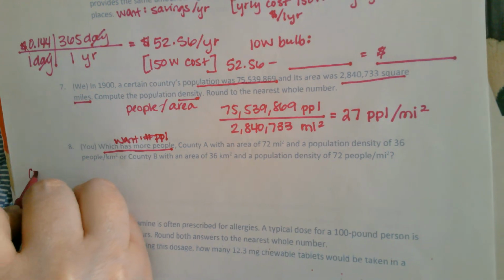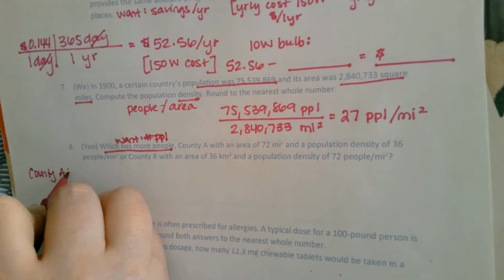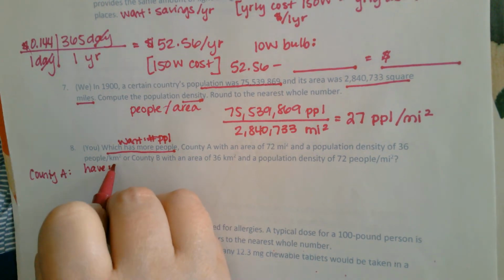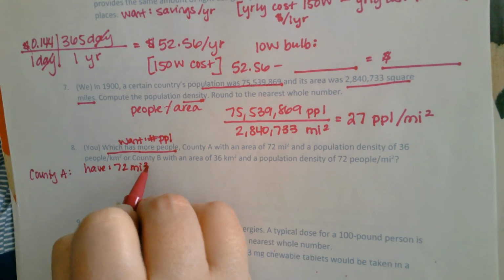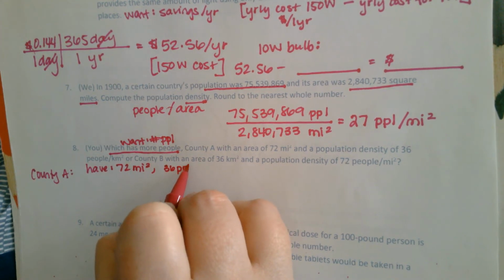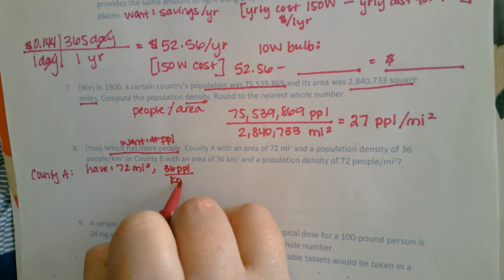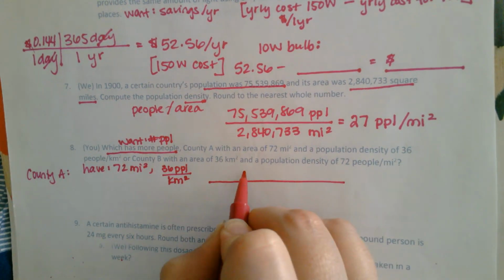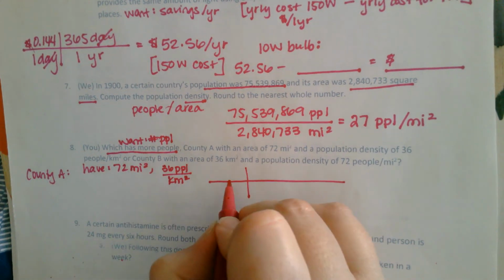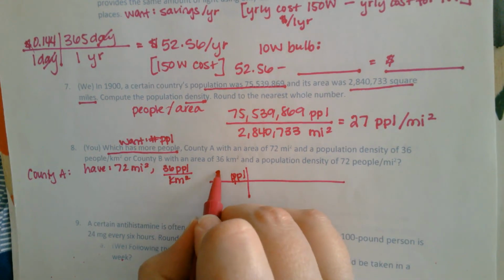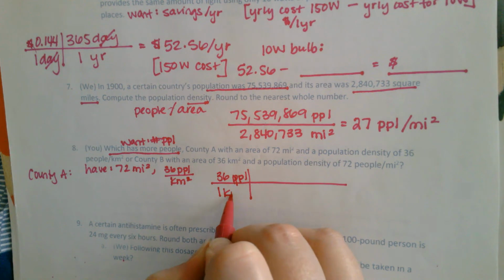So for County A, what we have is an area of 72 square miles and a density of 36 people per square kilometer. So setting this up, I start with what I want, which is a number of people. And what do I know about people? Well, I know that there are 36 people for 1 square kilometer.